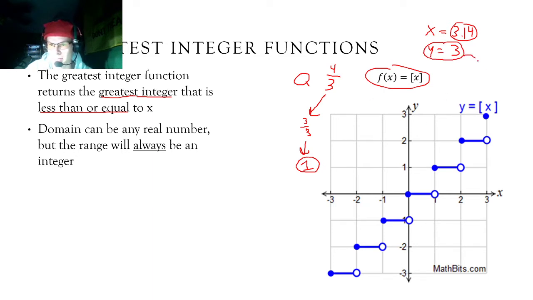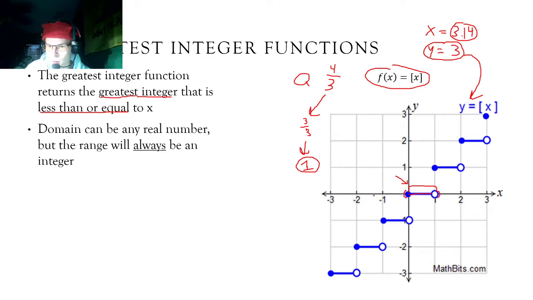So down here, this is an example of a graph of a greatest integer function. Anytime x is between 0 and 1, for example, the next lowest integer would be 0. And that's why for anything between 0 and 1 where x equals, y is always equal to 0.